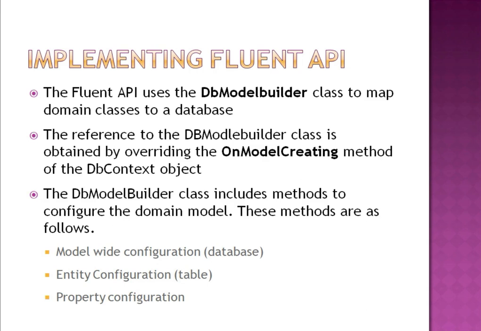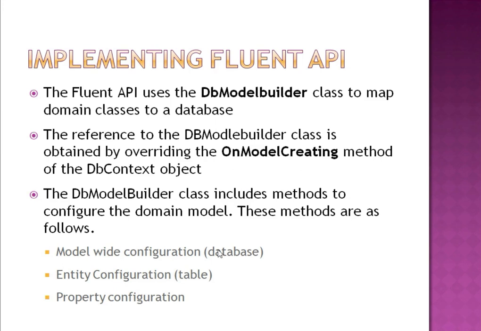The name can be anything, and that context class will be inherited from the DbContext class. Basically, our DbContext class represents the database. So to implement this Fluent API, you have to override the OnModelCreating method of this DbContext class, and there you have to write code to configure your domain classes, to configure your properties, and to configure your models.